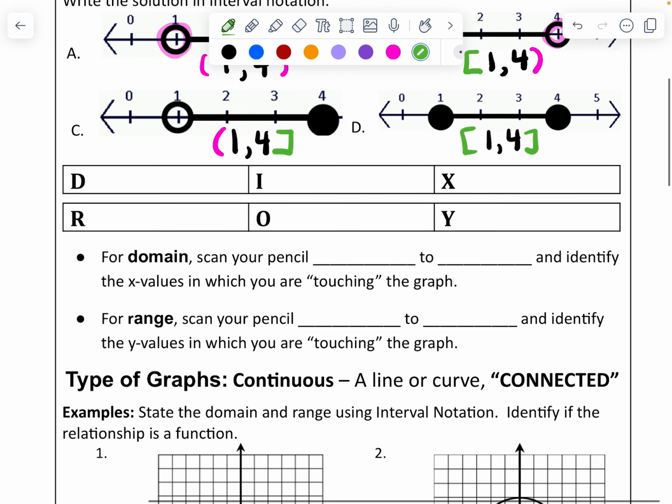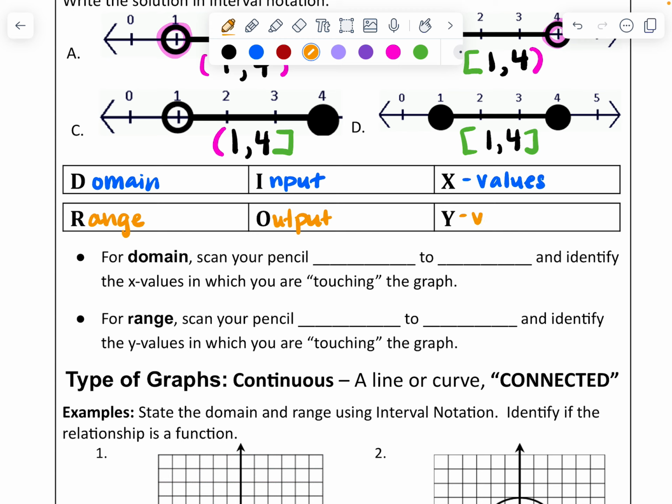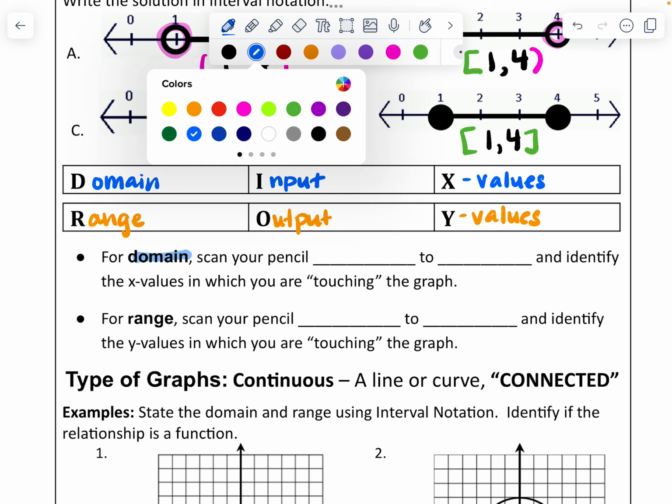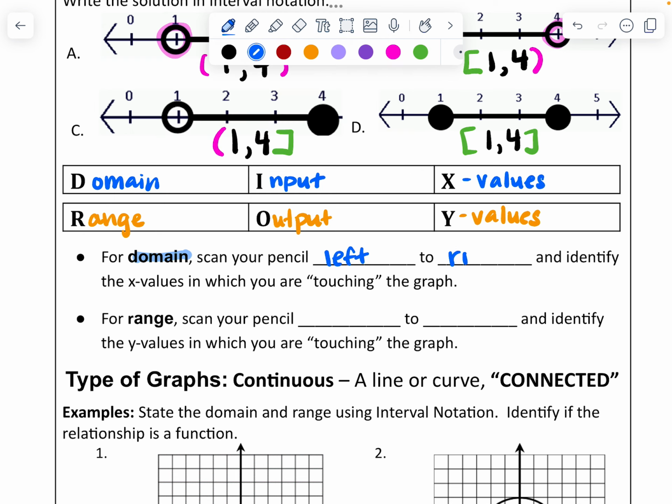Okay, so you're going to remember these acronyms, DIX and ROY. So the domain is the input and the x values, and the range is the output and the y values. For the domain, you're going to scan your pencil. So lay your pencil flat on your paper and scan it from left to right, and identify the x values in which you are touching the graph.